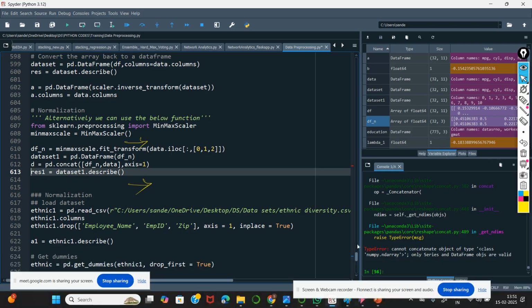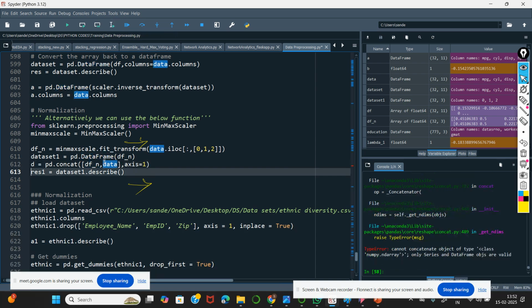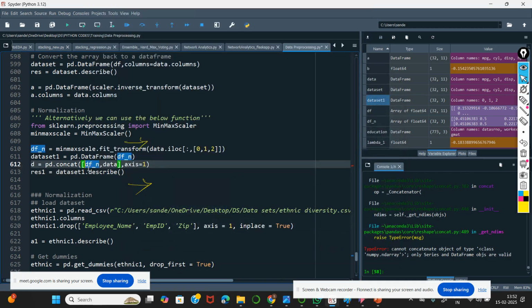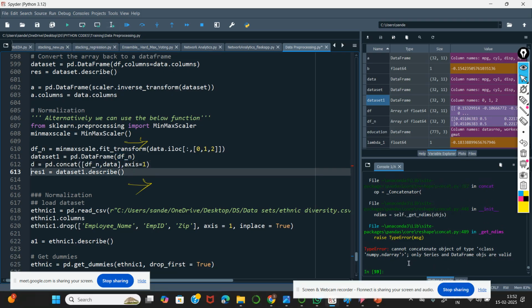Cannot concatenate object of type class, okay. Only series and data frames are valid. Earlier the format was an array, so I will change it into a data frame. Now it is fine. Data set 1 is this data, and the data set is which one? df of the data set, yeah, 3 years fine, concat. Cannot concatenate an object of type class, only series and data frames are valid.